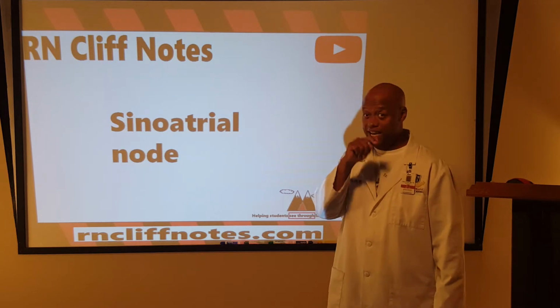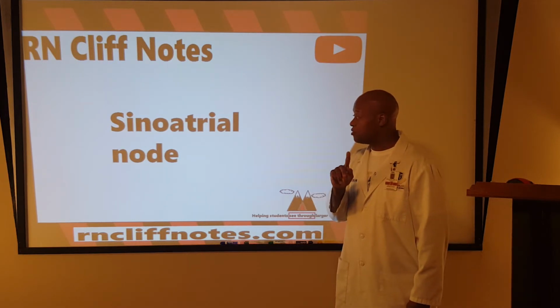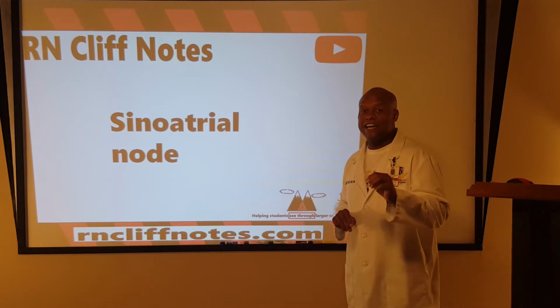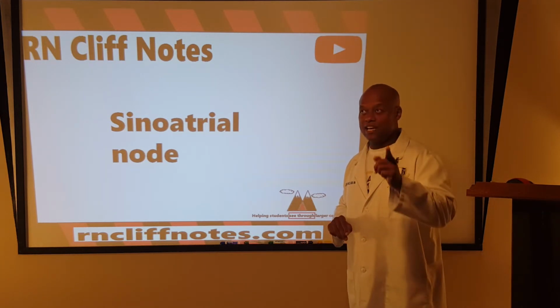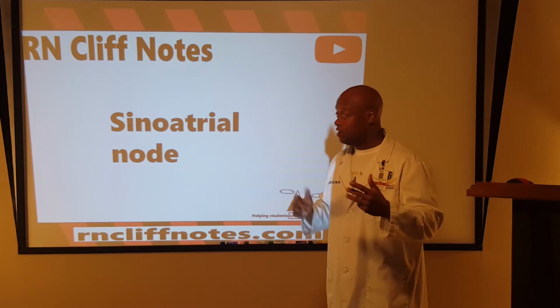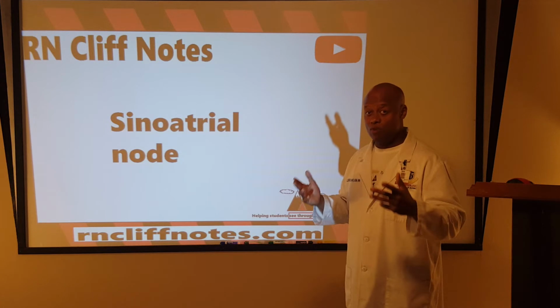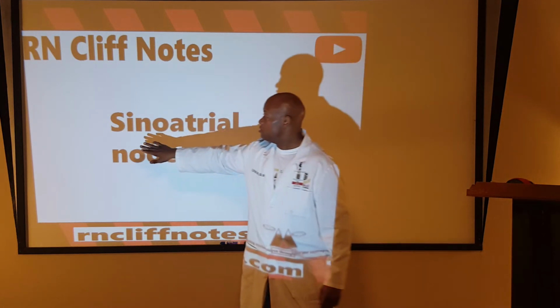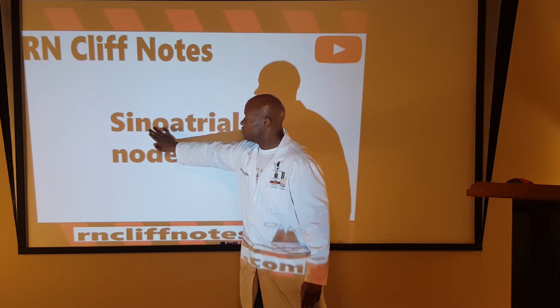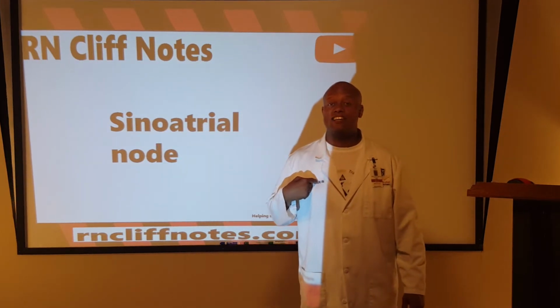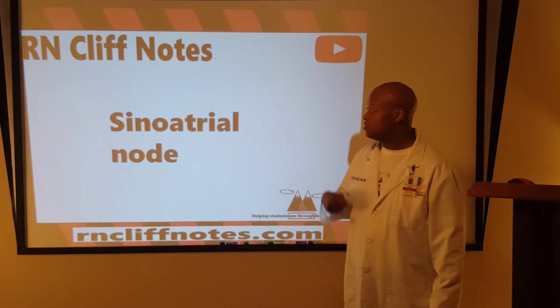Now, I want you to catch the root word there, sino, that part. So, sinus. Okay, so when you hear sinus, you've heard of a normal sinus rhythm. What is that saying? Your client has a normal rate in their heart, and their electrical impulse in their heart is originating in the SA node, the sinoatrial node.